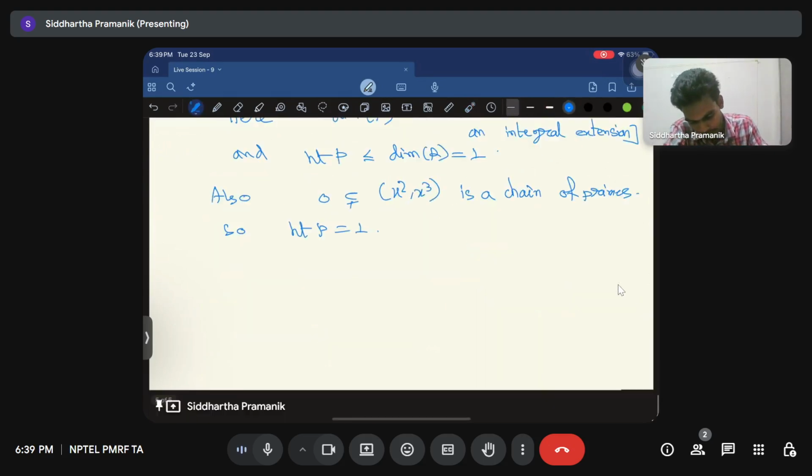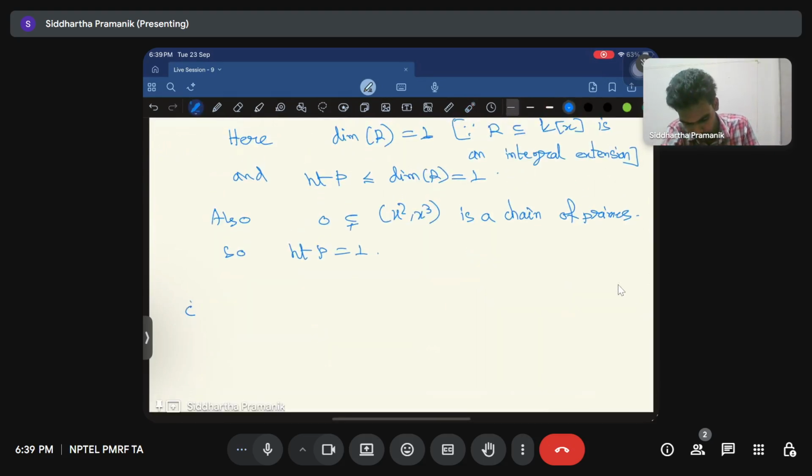So let's see. Let R be the ring K[x] modulo the ideal generated by x square. So this is a Noetherian local ring, and let I equal the ideal generated by x mod x square, the maximal ideal of R.